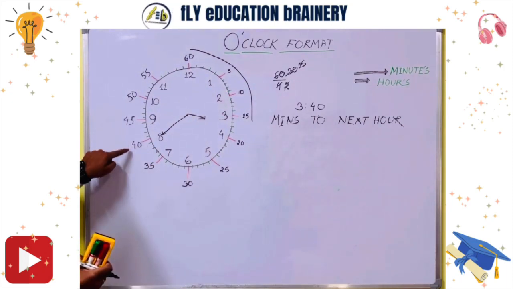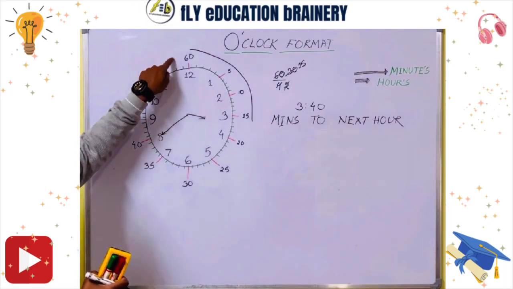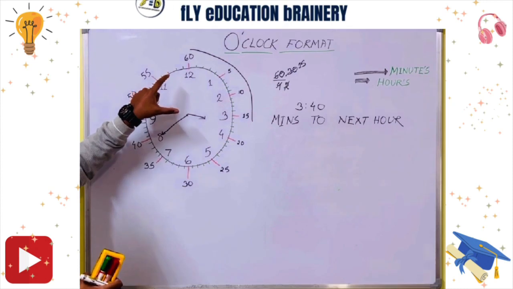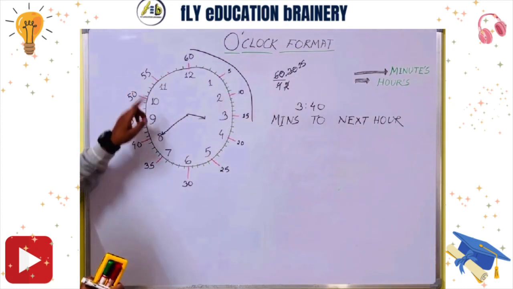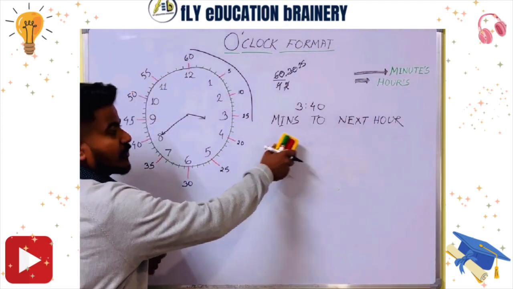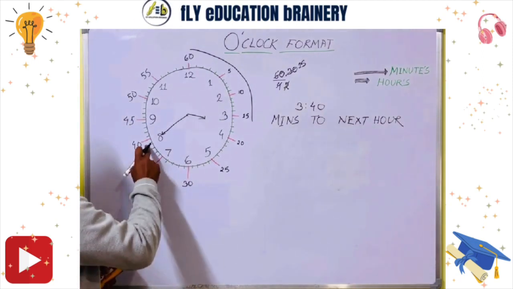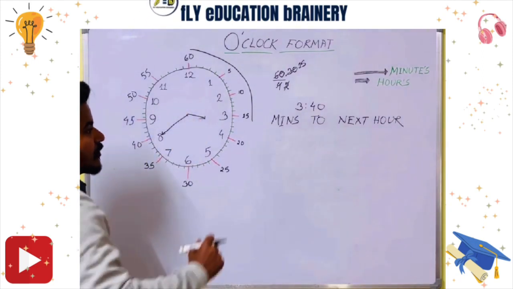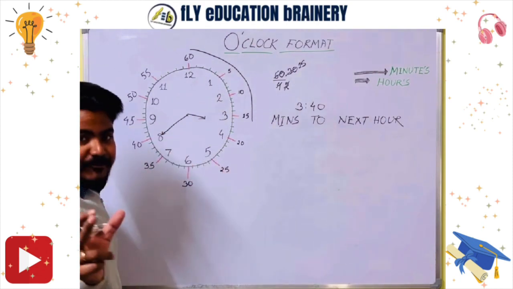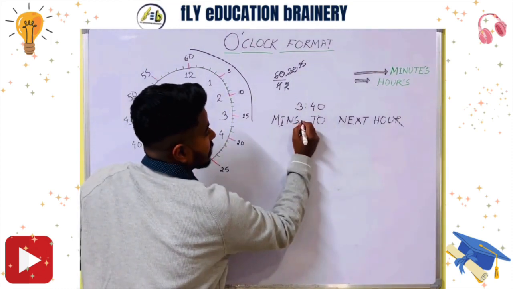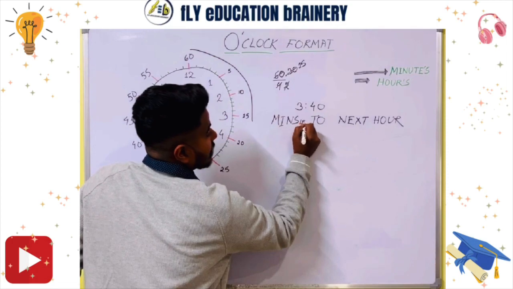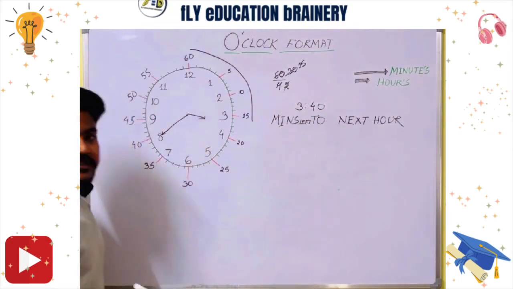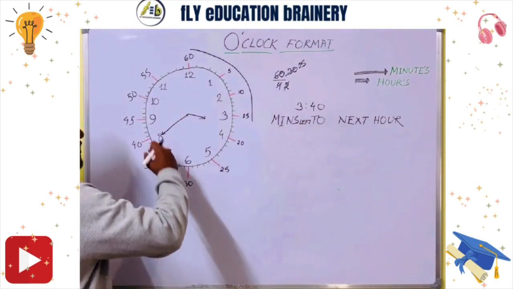See, 40 minutes are gone out of 60 minutes. So how many minutes are left? 20 more minutes are left to the next hour. So minutes left to next hour. 20 minutes are left.